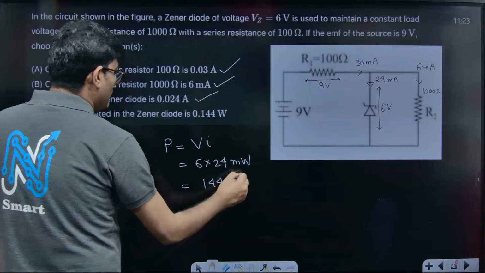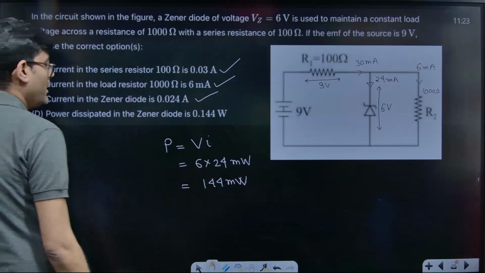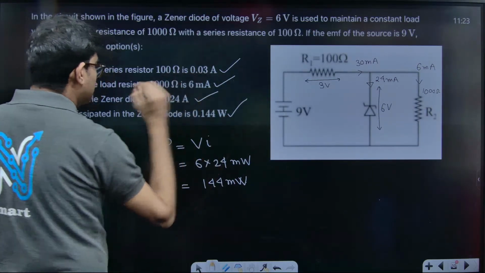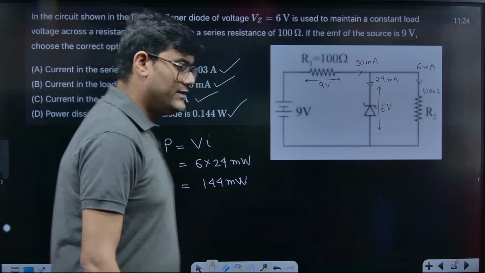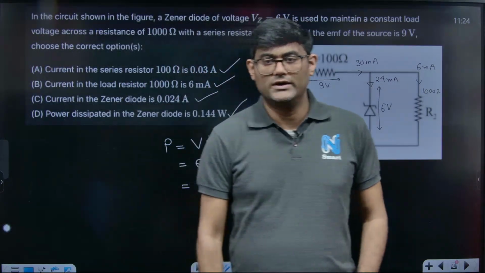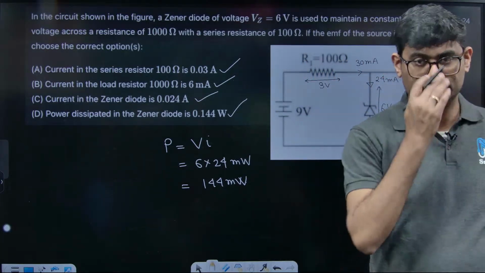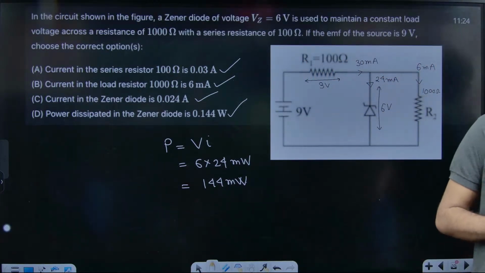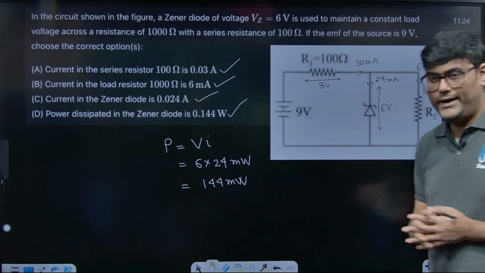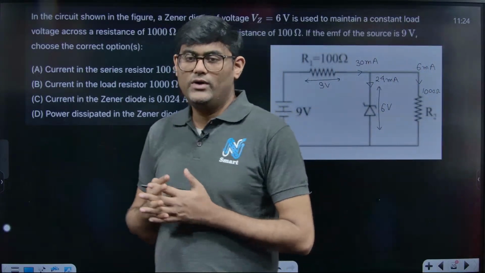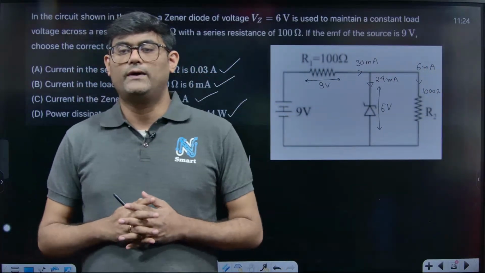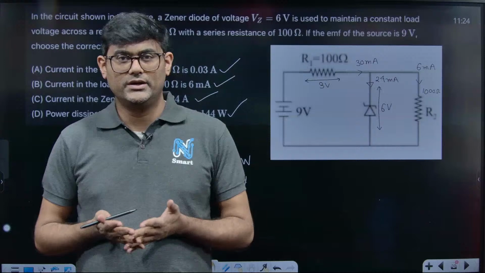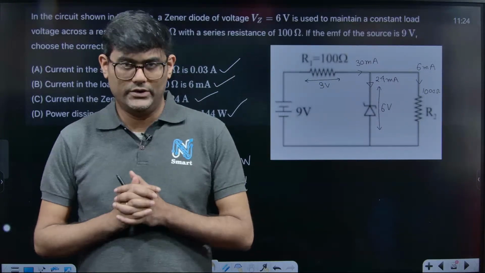That means 0.144 watt. That is also the correct answer. So I think in this question all the 4 choices are correct. Right? So students, I think you have got a fair idea of how to solve a question involving Zener diode.